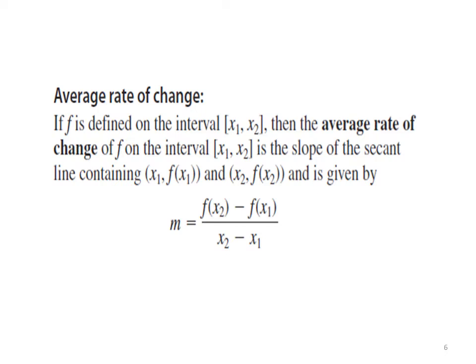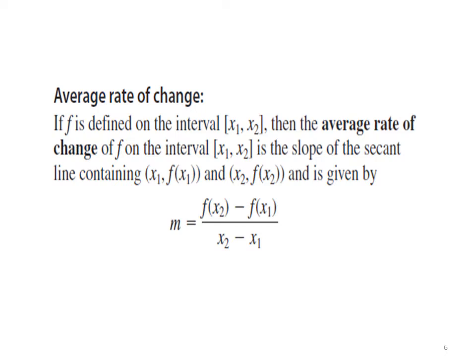The function is defined on the interval, so the left end point of the interval will define a point on the graph of the function. This is x1 and f of x1. The second point, the right hand point of the interval, x2, will define a second point, which is x2 and f of x2.